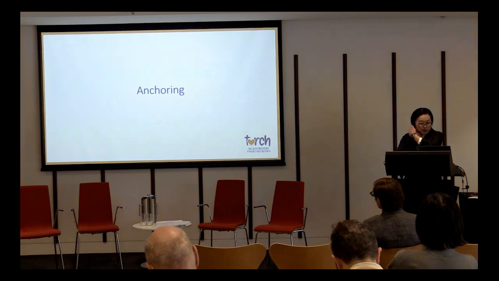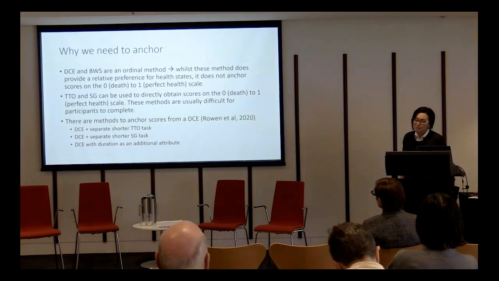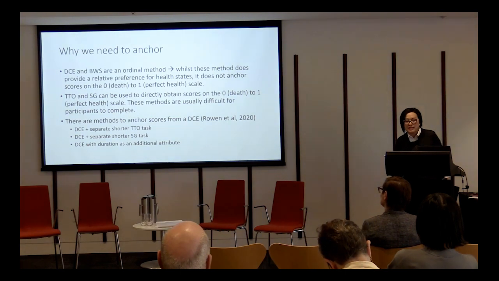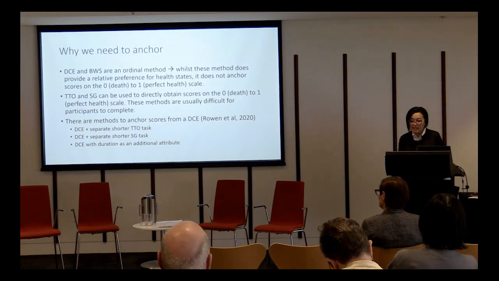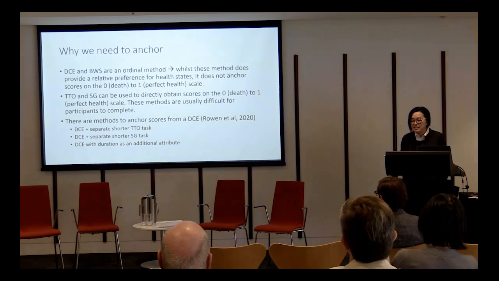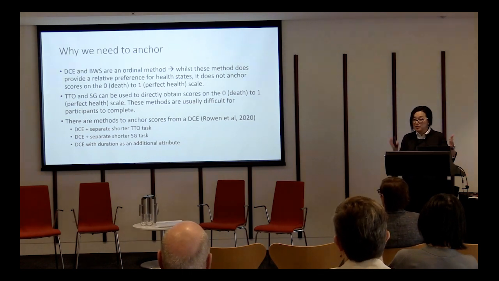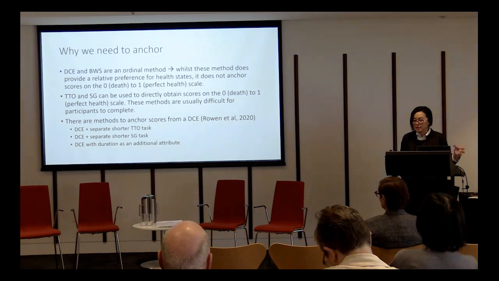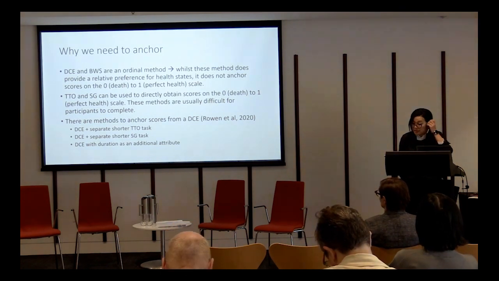But what I wanted to talk about now is anchoring and why we need to anchor. Because we're using DCEs and best-worst scaling, these are ordinal methods, which means they will provide us relative preferences for health states, but they're not actually on that 0 to 1 scale that I talked about, where 0 is death and 1 is perfect health.